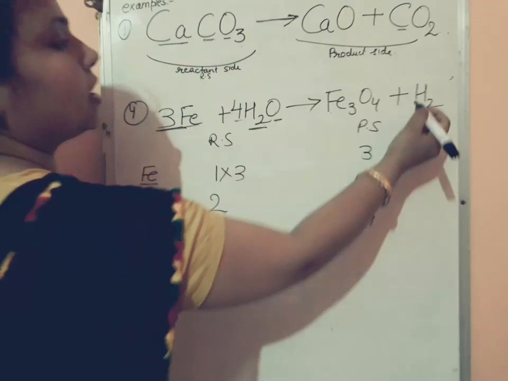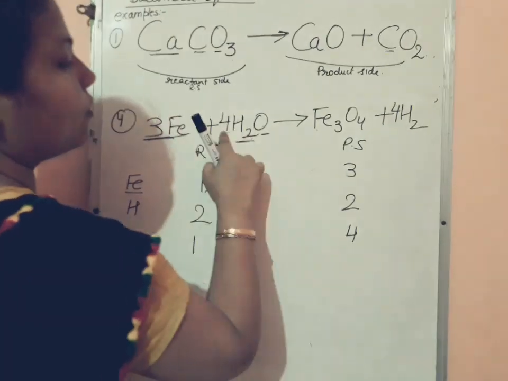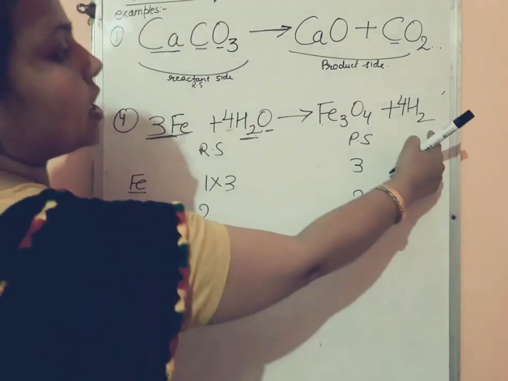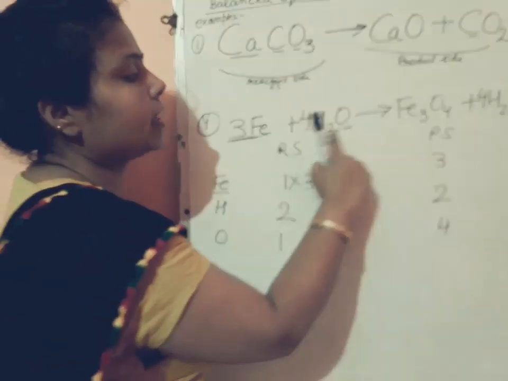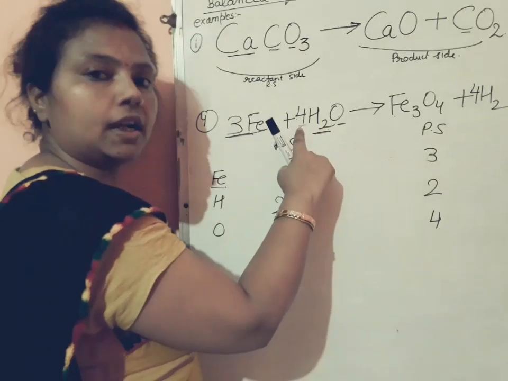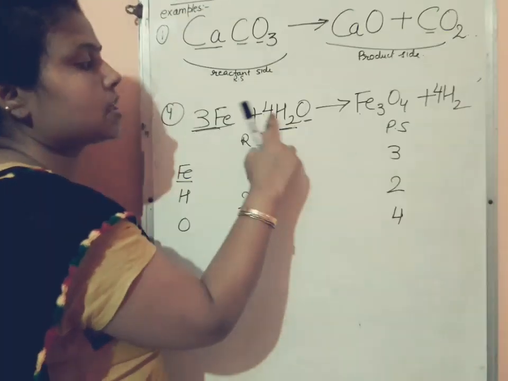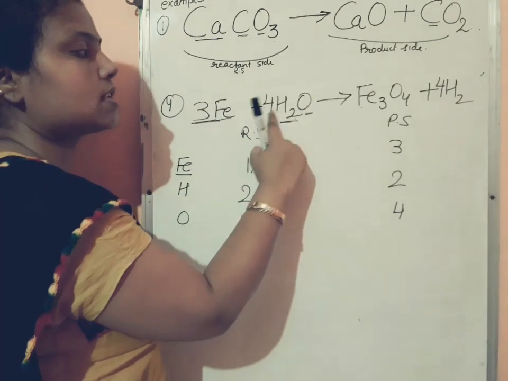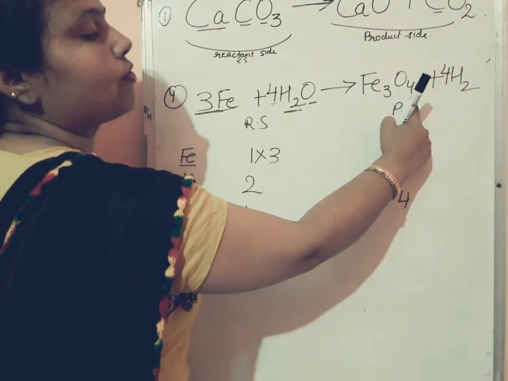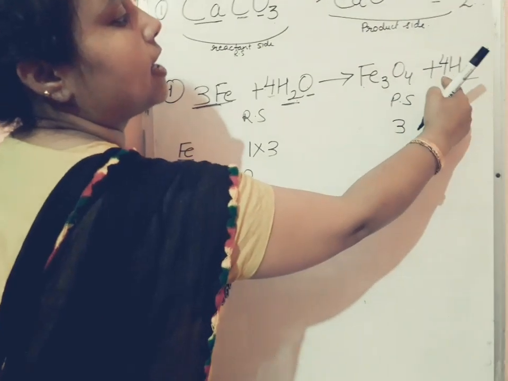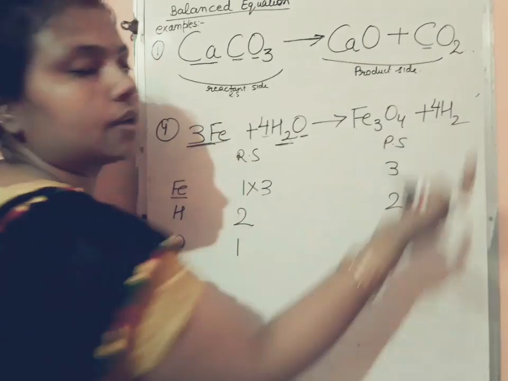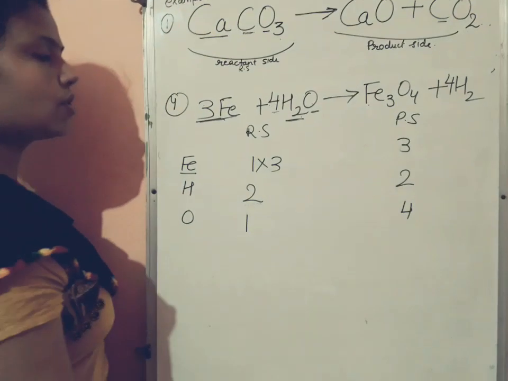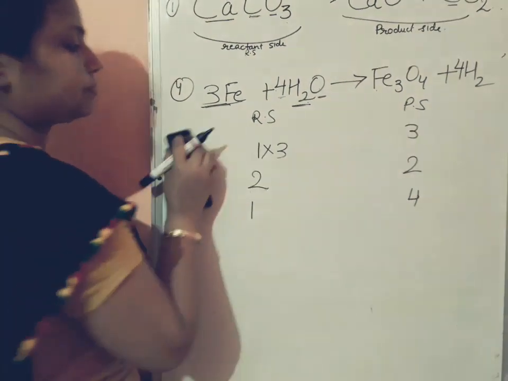So we will multiply it by 4 again. 4 2s are 8 hydrogen and 4 2s are 8 hydrogen. जब भी कोई नंबर हम आगे लिखते हैं तो सारे के सारे एटम्स मल्टीप्लाई हो जाते हैं. 2 एटम्स थे तो ये 8 हो गए और ऑक्सीजन 4 हो गए. यहाँ पे ऑक्सीजन 4 और हाइड्रोजन को 8 करने के लिए आगे हमने 4 लिखा है. 4 multiply 2, it becomes 8 hydrogen atoms. So now it is balanced.